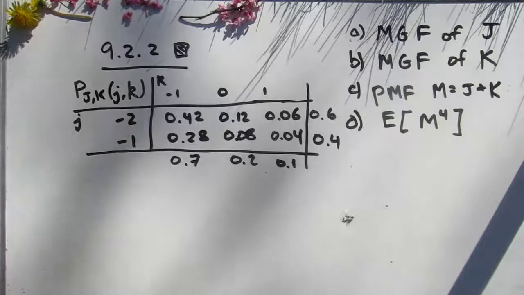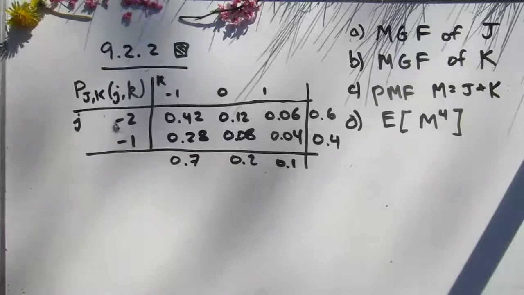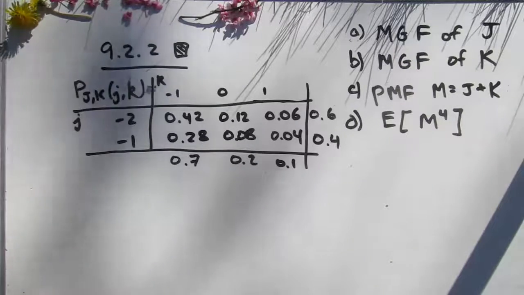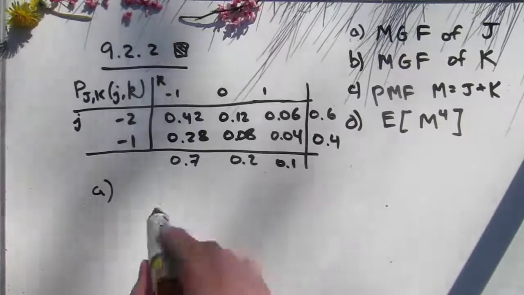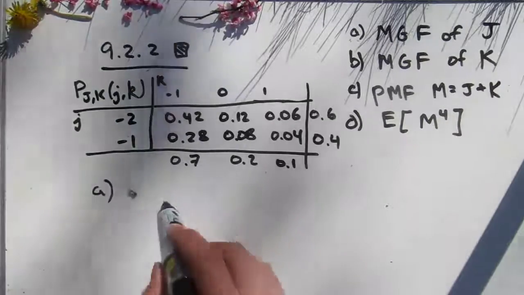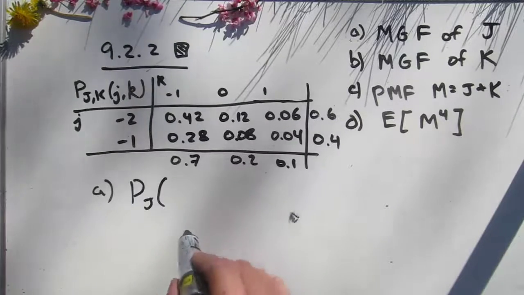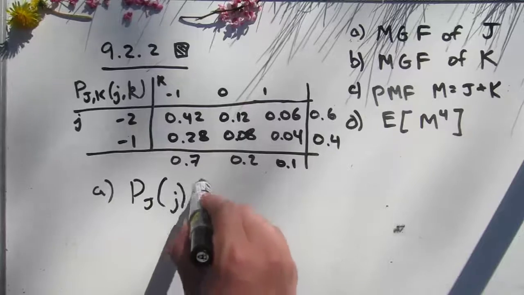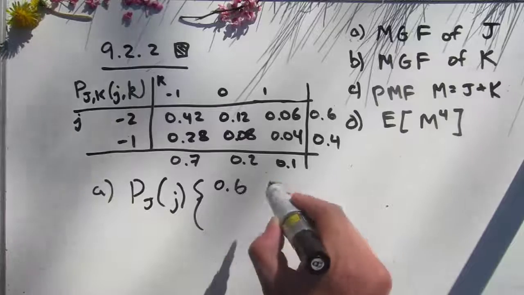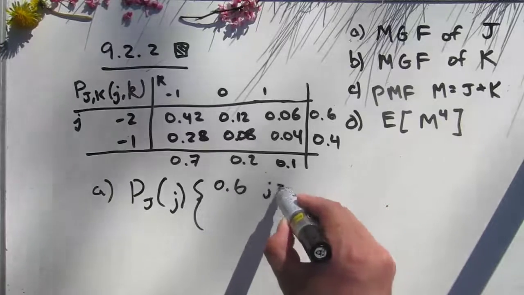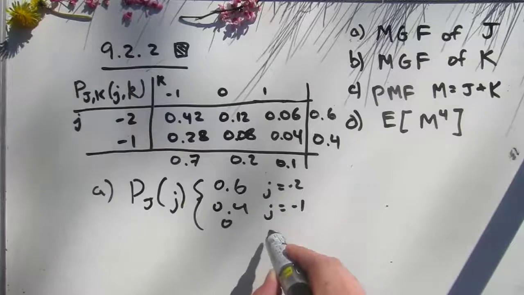But in the meantime, we will try to solve for the moment generating function for j. So now we start with the PMF of j, and that should be just given here, right? So it's 0.6 for j equals minus 2, and 0.4 for j equals minus 1, 0 otherwise.